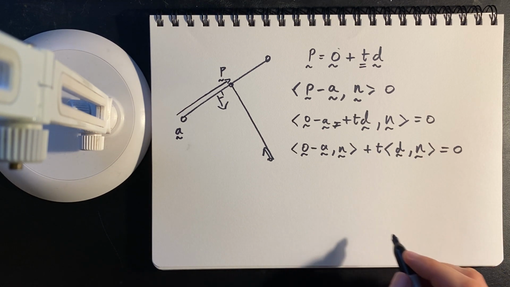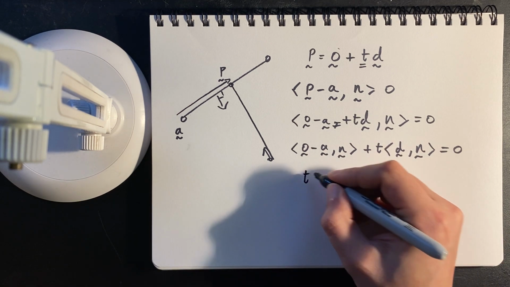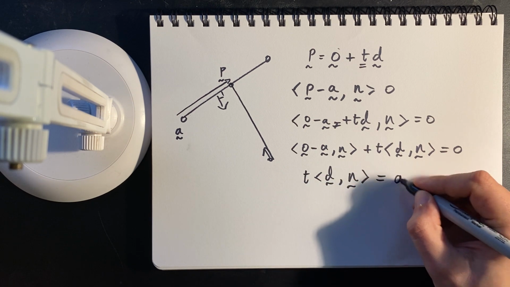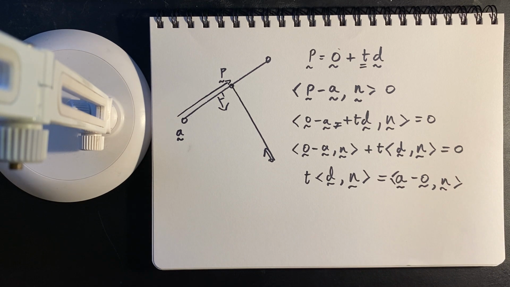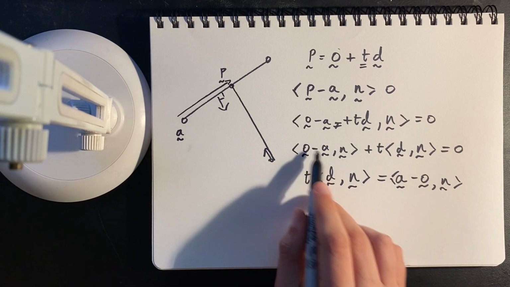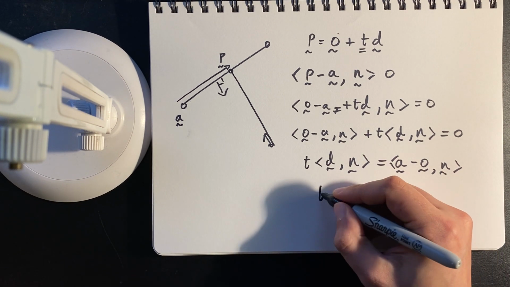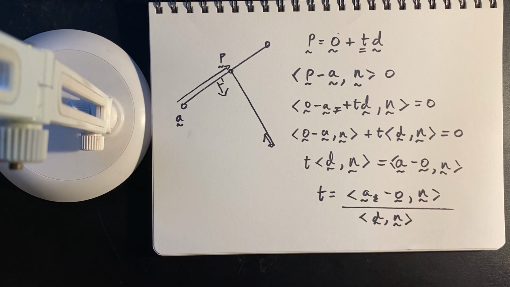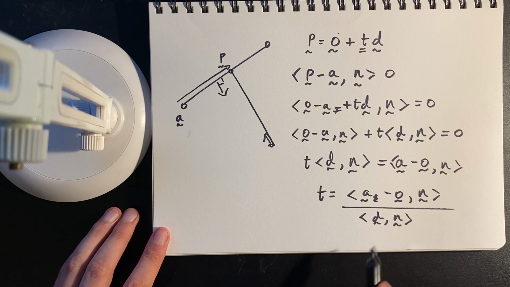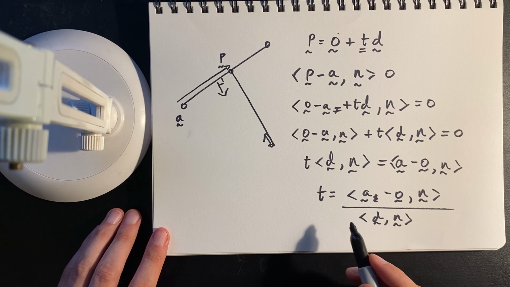Then the goal is to solve for t. I've just subtracted that dot product from both sides, which applies a negative to that, and that's why this order flips around. And so we can now solve this expression for t, just like that. Then we can check if this denominator comes out to 0. If the denominator comes out to 0, we know the ray isn't going to hit the wall.